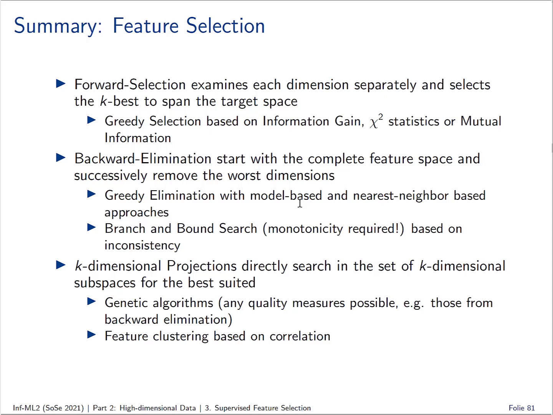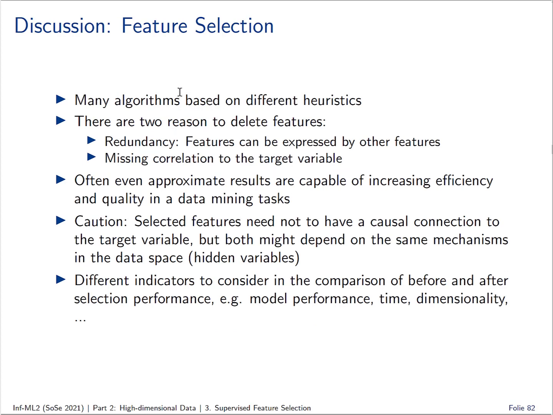Okay, so that was my 50 cents on that, and that was all for this week. Well, first of all, sorry, I missed the last slide here. So many algorithms based on different heuristics. We talked about the two reasons to delete features: once again, redundancy, and missing correlation to the target, which is irrelevancy. Very often we even get approximate results that are capable of increasing the efficiency and the quality of the data mining task.